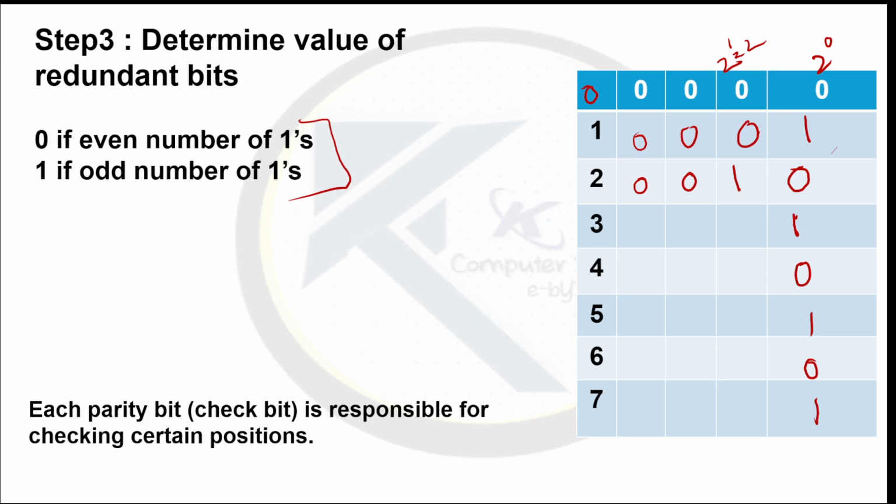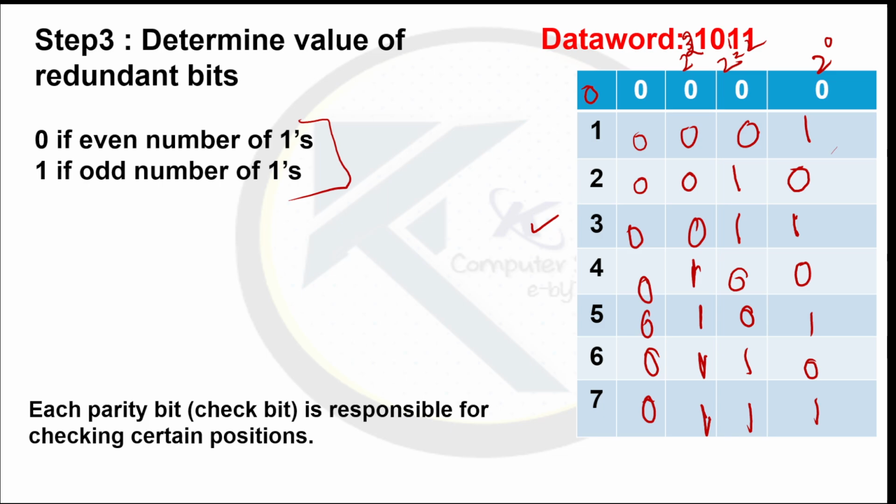So 2 times 0, 2 times 1. 2 times 0, 2 times 1. So see, this is the binary code of 3. And this location is 2 to the power of 2, that is 4. So 4 times 0, 4 times 1. And last is 8 times zeros and 8 times 1. Right? So this is what we get.